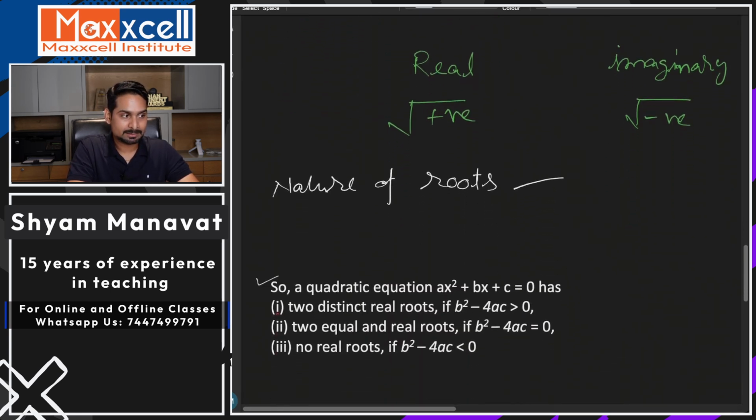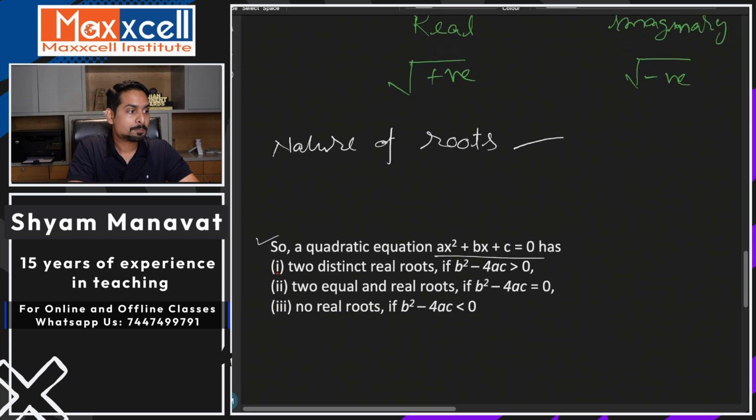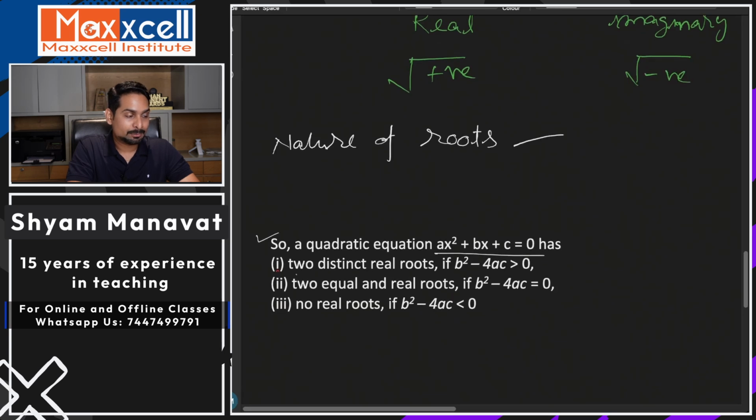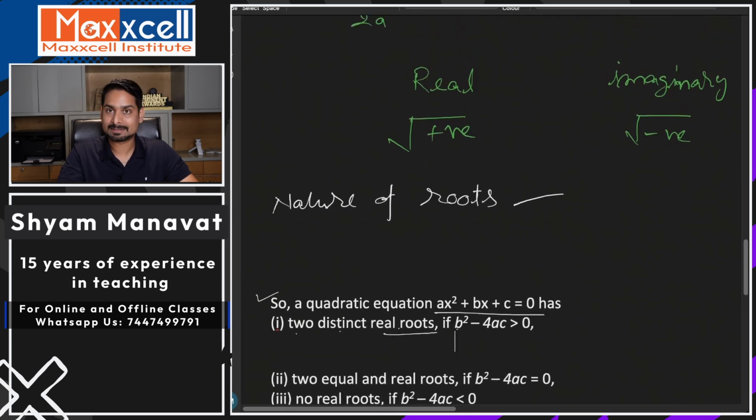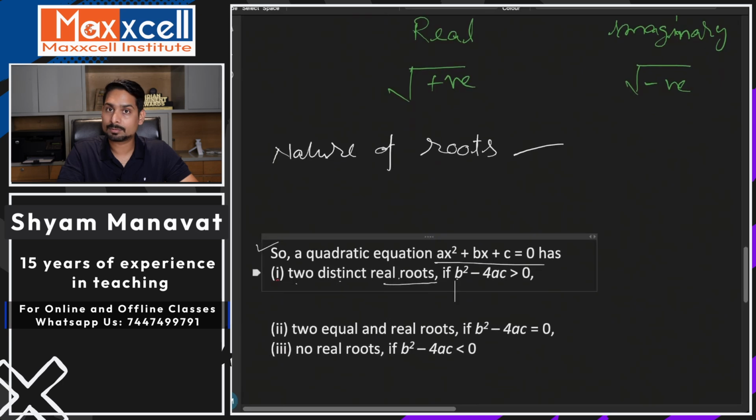If you have this standard form of quadratic equation, you will get two distinct real roots when b square minus 4ac is positive. Learn this. This b square minus 4ac is inside the square root. If this is positive, definitely you get real numbers, right? So real numbers are the roots, or we can say real roots.